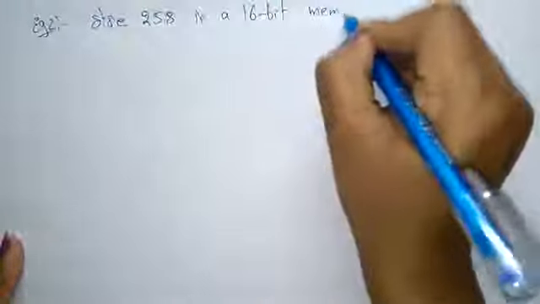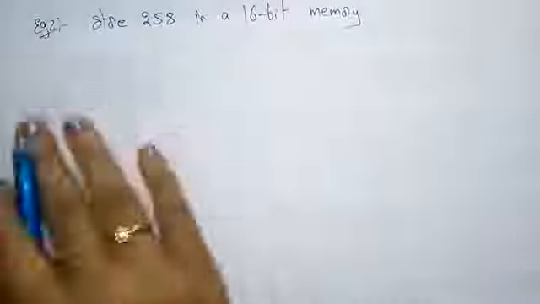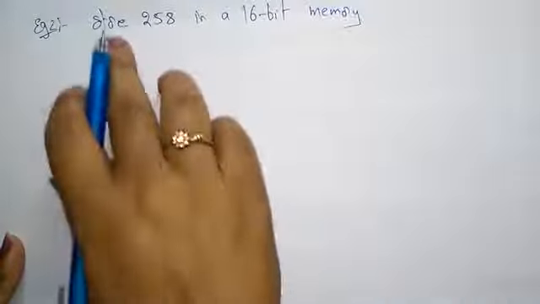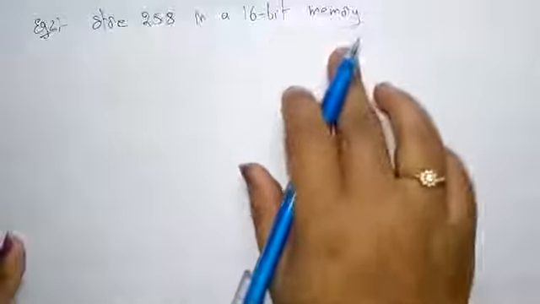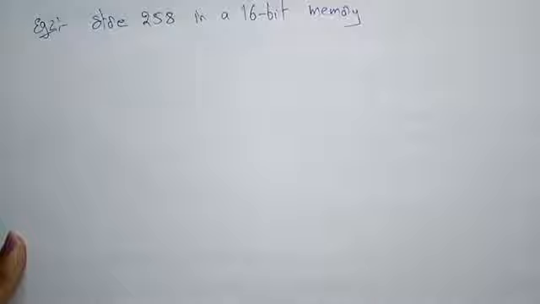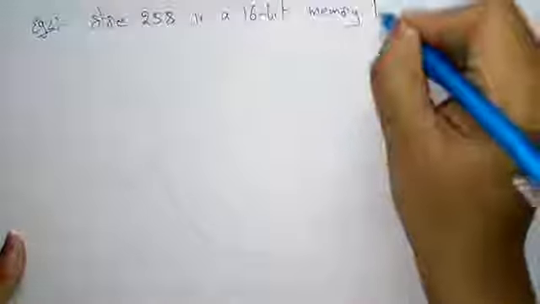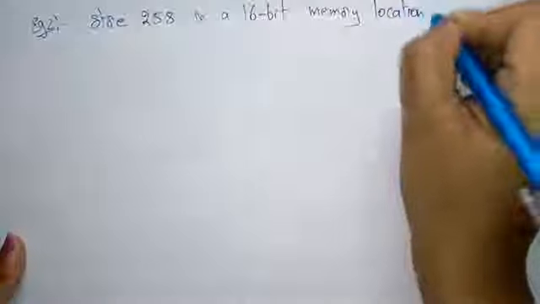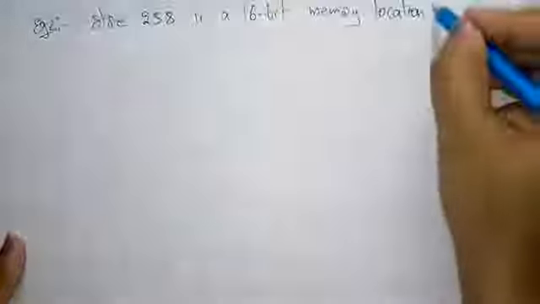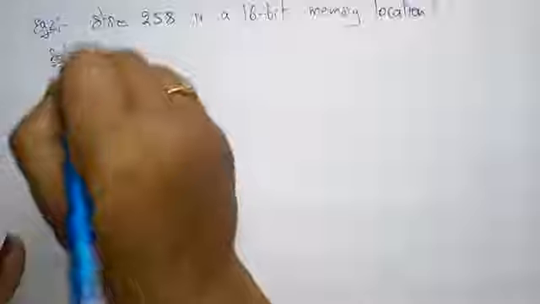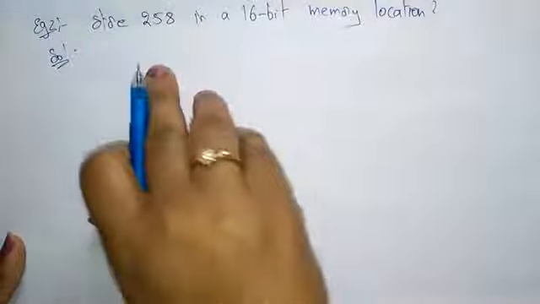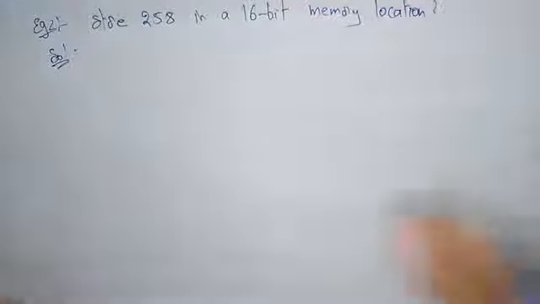These are all unsigned integers, not signed. How can I store this decimal number? I have to convert this decimal number to a binary number, make that number 16-bit size, and store that value in the memory location.